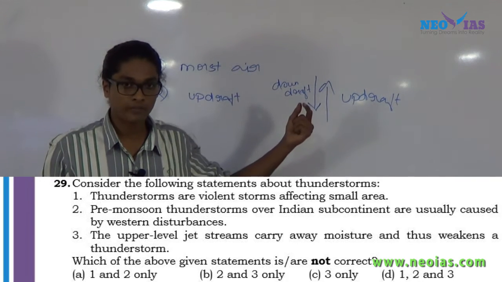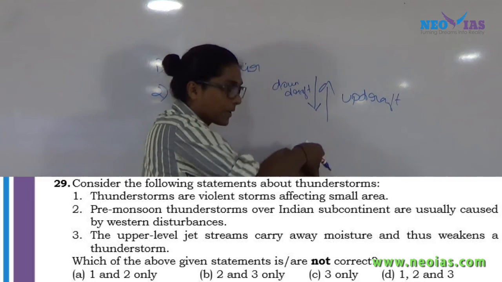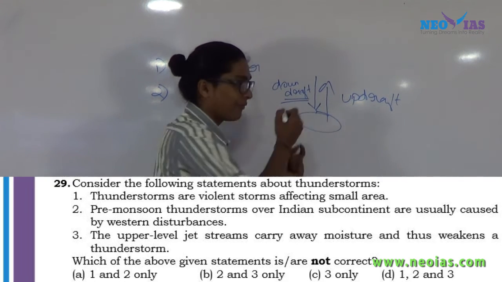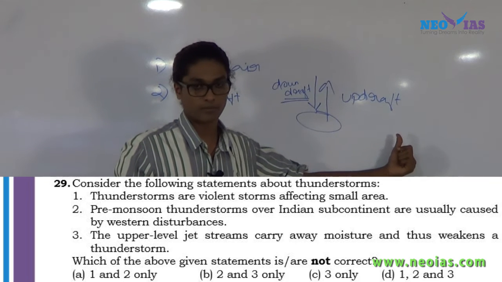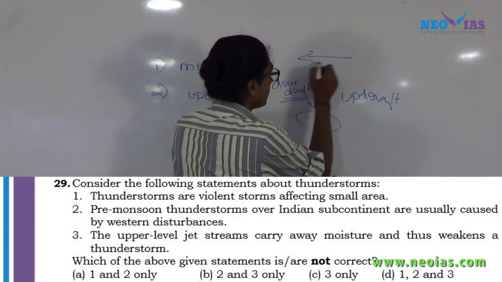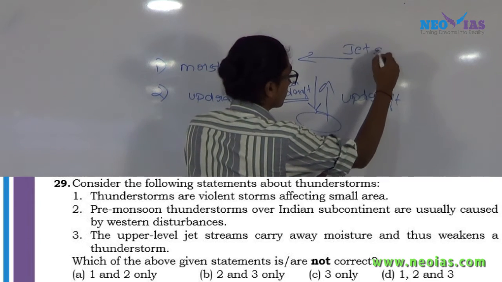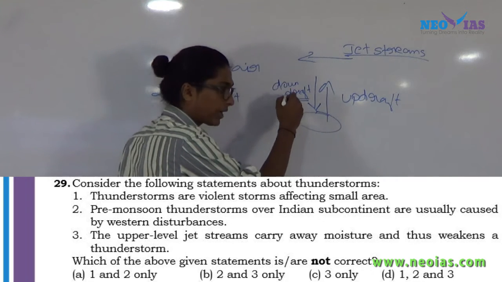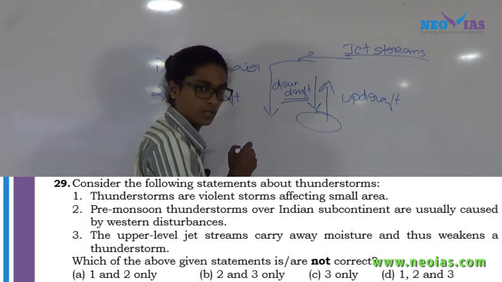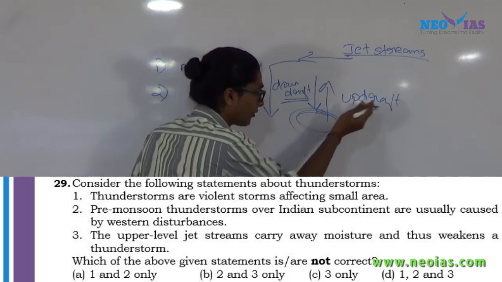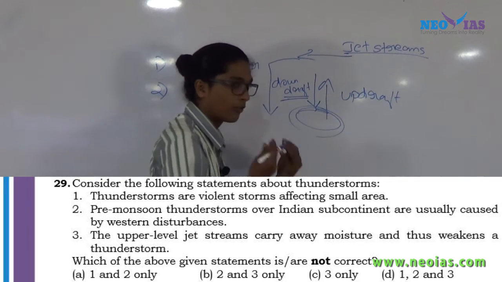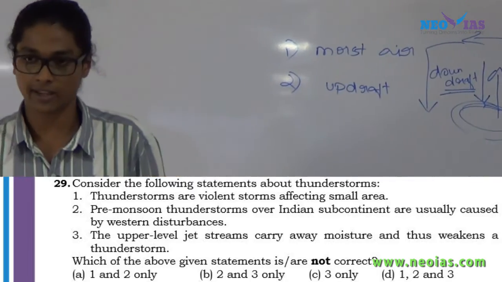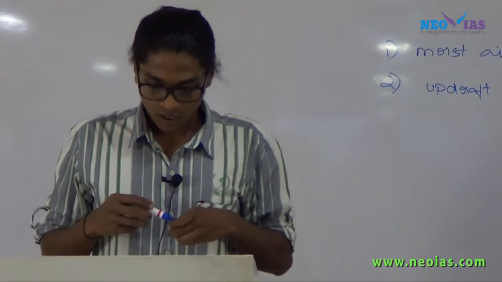Now if the downdraft takes place in that same place, in the center region itself, this will eventually weaken the thunderstorm. But when there is a jet stream, this downdraft takes place in some other place, so that this warm moist region always stays there, and the thunderstorm goes on intensifying, right?